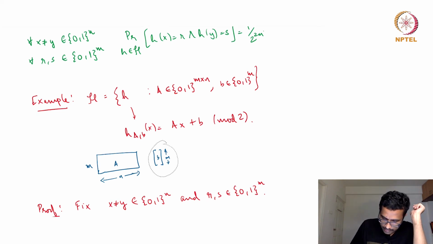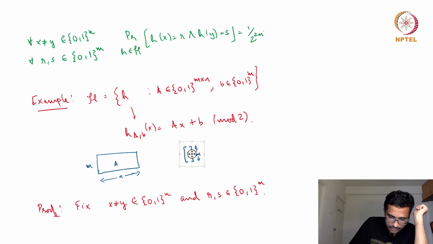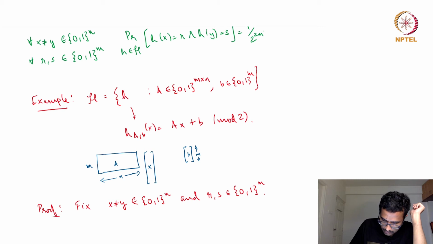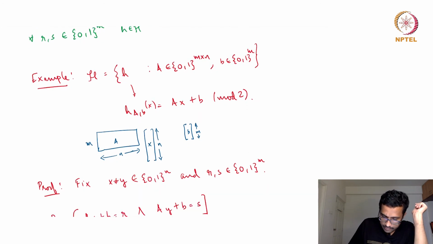But x is in {0,1}^n, right? So Ax plus B is the function. We choose A randomly, B randomly. A is a 0-1 matrix, m by n. B is a 0-1 vector of length m. So how many bits do we need to specify h?